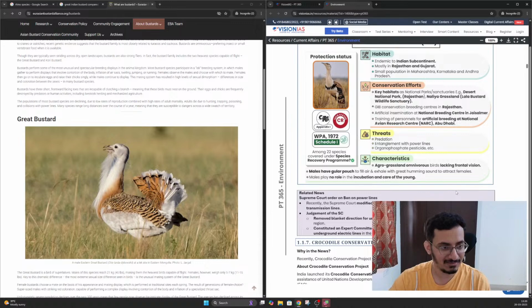It's a big bird. Its frontal vision is poor because usually it doesn't have to worry. But there are electric wires being laid across the Rajasthan desert, and while it flies very fast, it cannot change its direction even if it sees the wire. Then it gets stuck and dies. It's just painful to hear. So the idea is to lay some of the new power lines underground, and there are also things called bird diverters, which can help in this case. Hopefully, those efforts will be made.